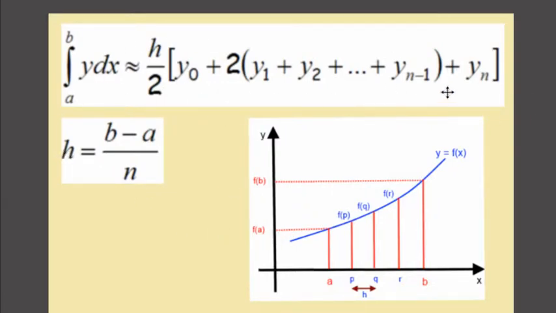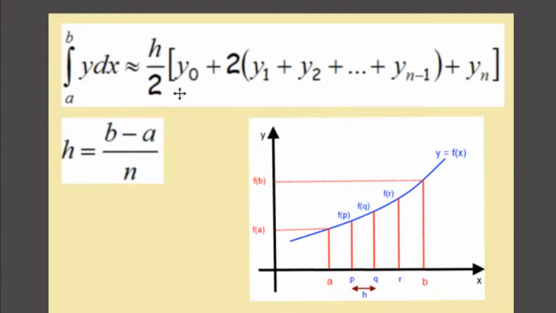So this is the trapezium rule. It's a half multiplied by h, open brackets, the first strip plus the last strip plus 2 multiplied by all the other strips in between. Then you close all of your brackets.